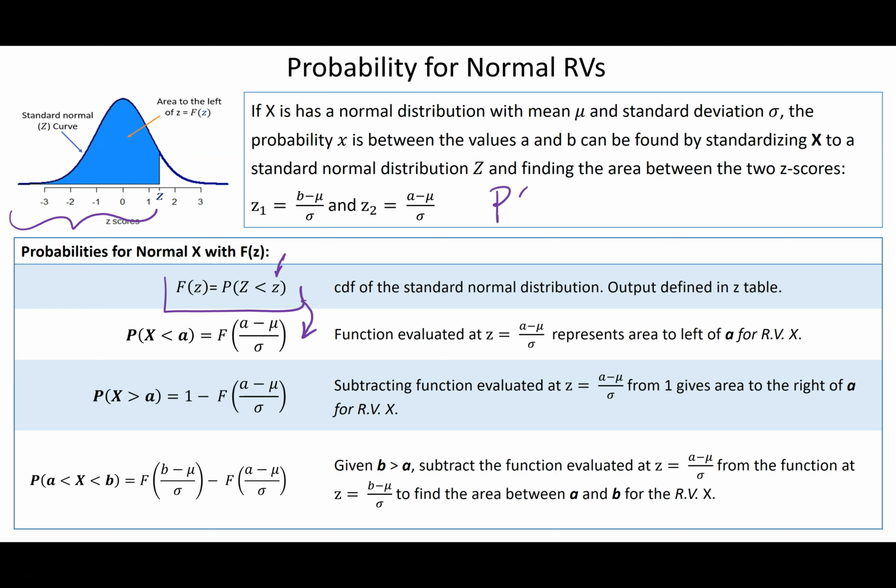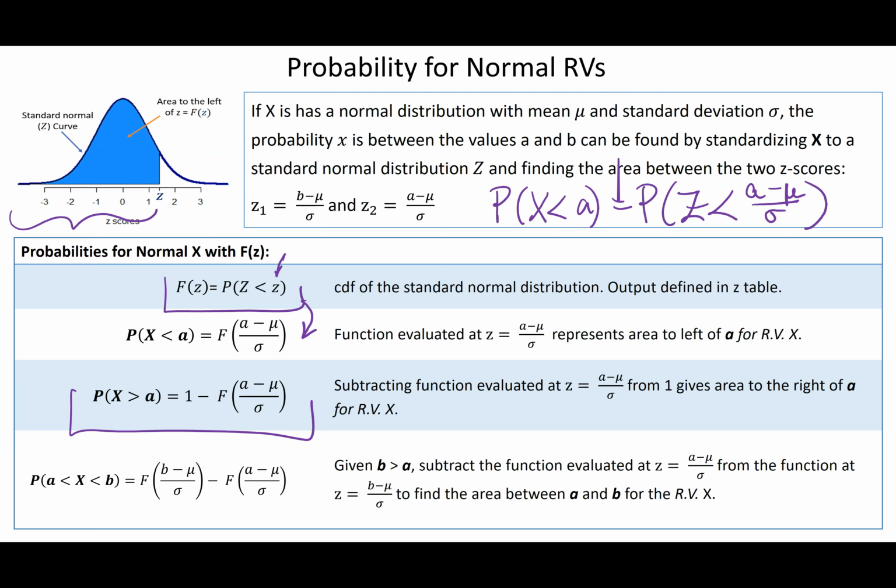If you said, hey, I want the probability that x is less than a, that's equal to the probability that z is less than a minus mu over sigma. That's the idea. If you want the area above, you subtract the CDF from 1. If you want area between, you're going to take the CDF of the higher value minus the CDF of the lower value. And what you get when you take that difference is going to be just the area in between.